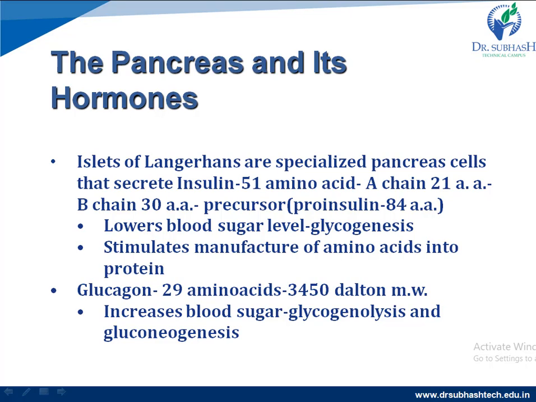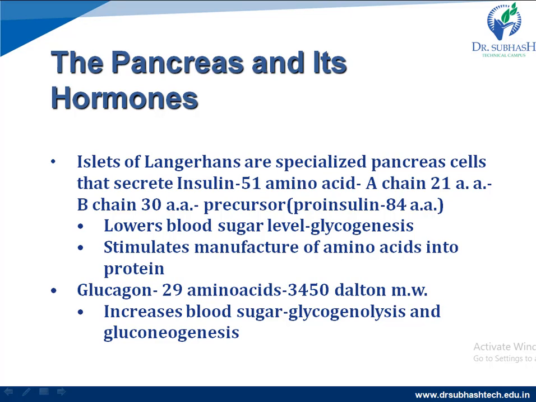Next one is glucagon. It is released from the alpha cells of the islets of Langerhans, and glucagon is composed of 29 amino acids with a molecular weight of 3450. It increases blood sugar level with the help of glycogenolysis and gluconeogenesis.